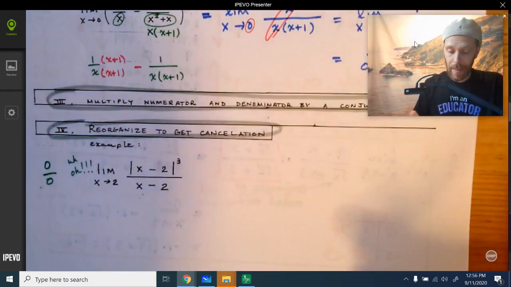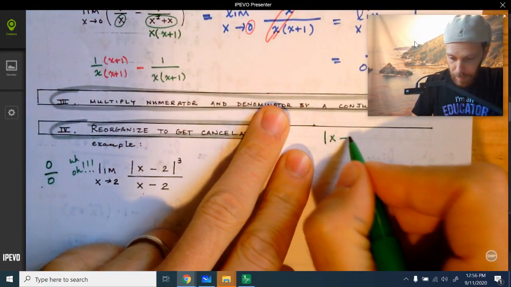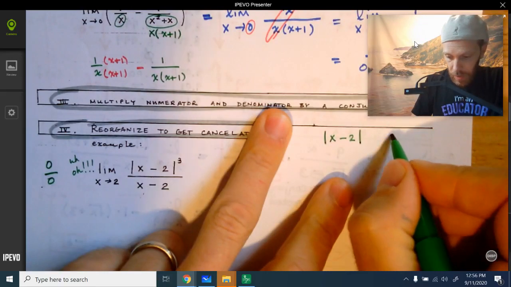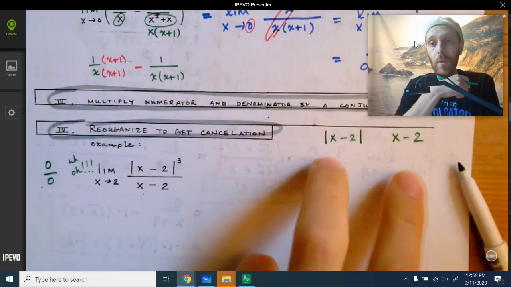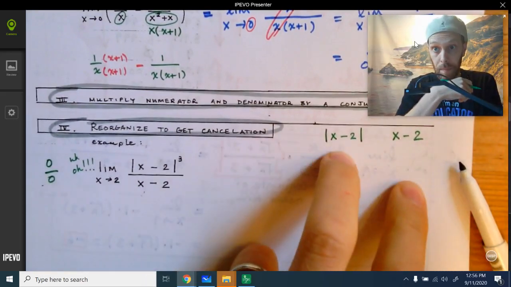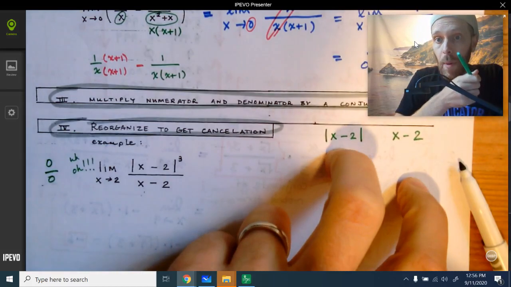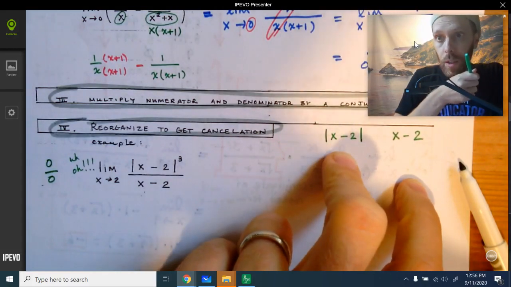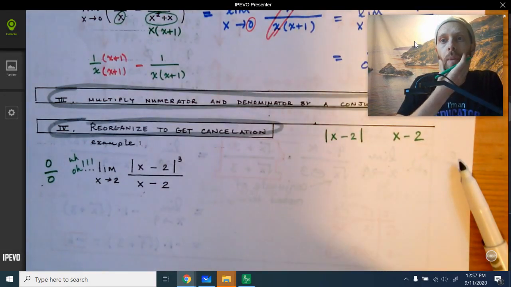Well, that would be legal if this is always equal to this. Do you think that those two things are always equal? One way to show that they're not always equal would be to come up with an example of a situation where they are not equal to each other. For example, what if we plugged in 1?